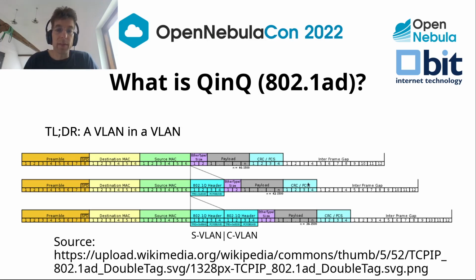In the middle there's an Ethernet frame with one VLAN header, and on the bottom there is an Ethernet frame with 2 VLAN headers. This is a so-called QinQ frame, or a double-tagged frame. The VLAN on the outside is called the SVLAN, and the VLAN on the inside is called the CVLAN.